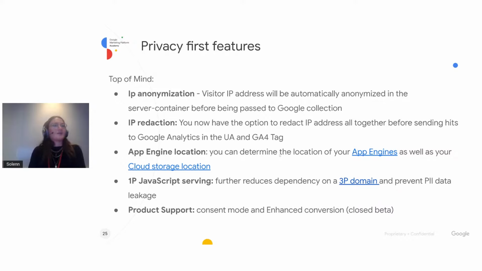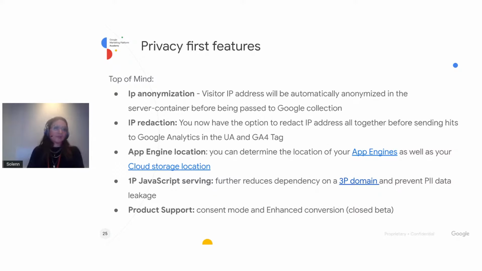So IP anonymization is automatically done in the server container before being passed to Google collection. So there is nothing to do on your side, it's automatically done. Great step.